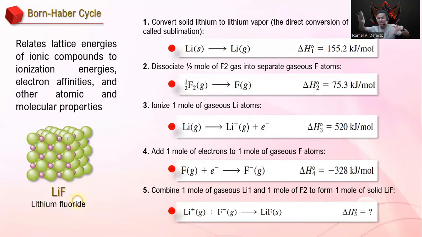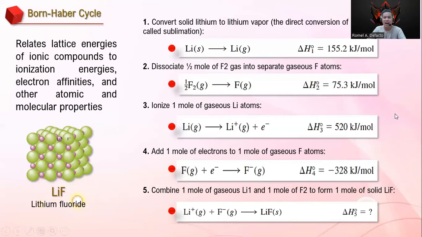We started with solid lithium that sublimed into gas. Then fluorine gas dissociated into individual fluorine atoms. Then we ionized the lithium to get 1 electron, and then the electron is added to the gaseous fluorine. So in this case, they will now produce solid lithium fluoride.